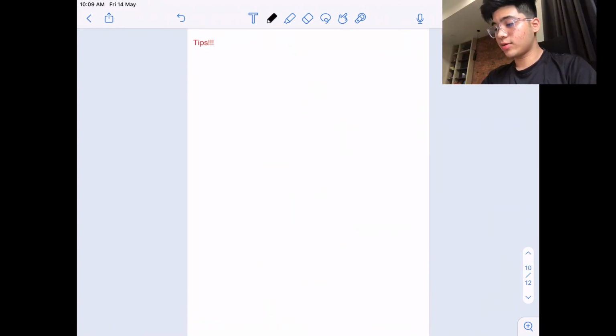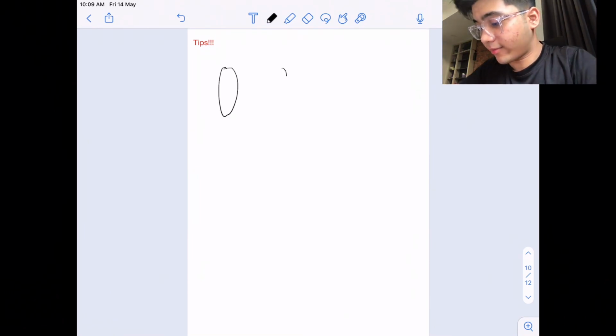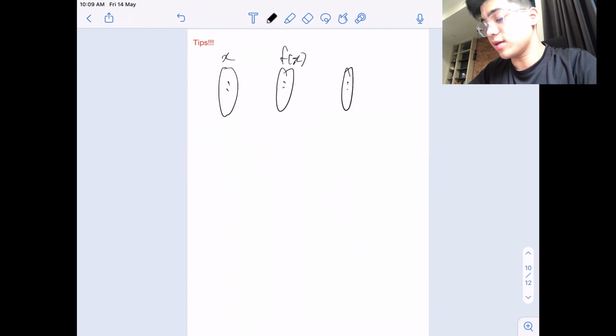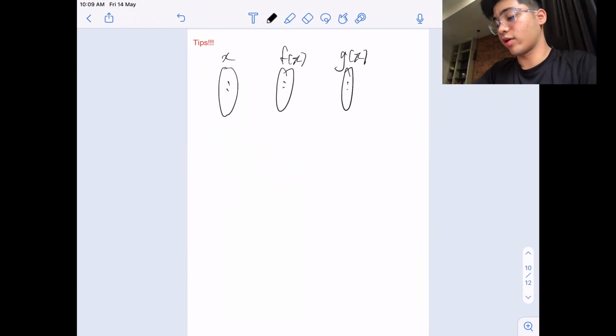Before I end this video, I just need to point out one more thing about functions. There are going to be some trick questions where they want you to find the composite function. Usually they will draw diagrams and say that x going over here is under the function f(x), and going over here is under the function g(x). Now, how would I get from x all the way to g(x)?